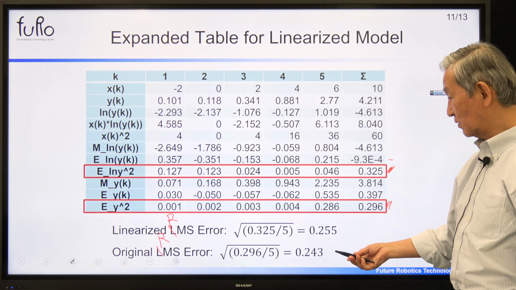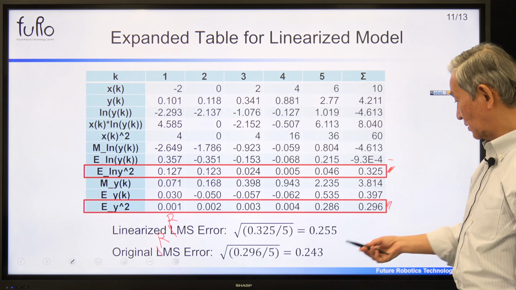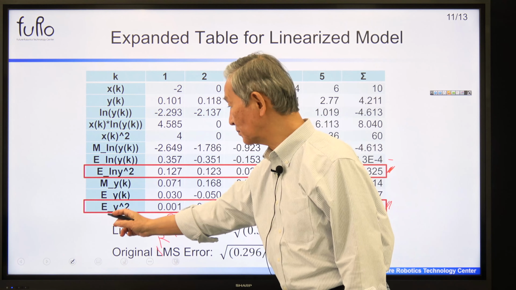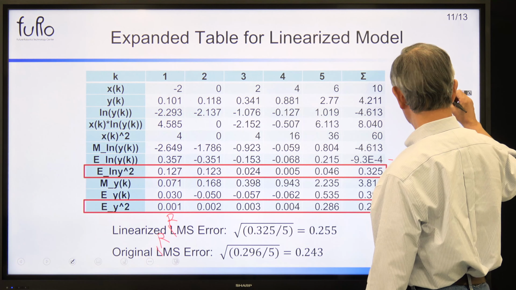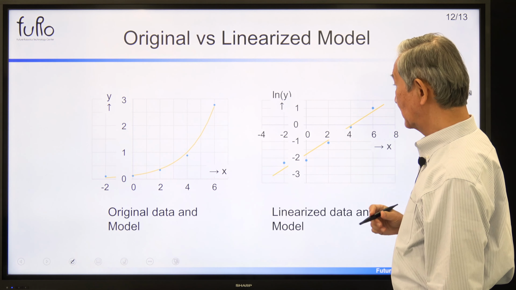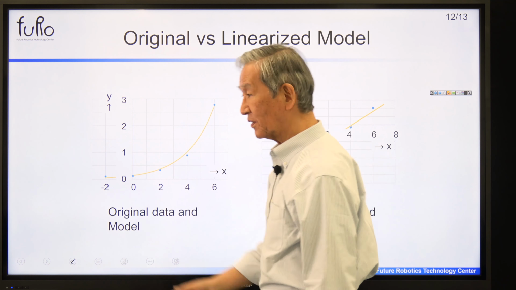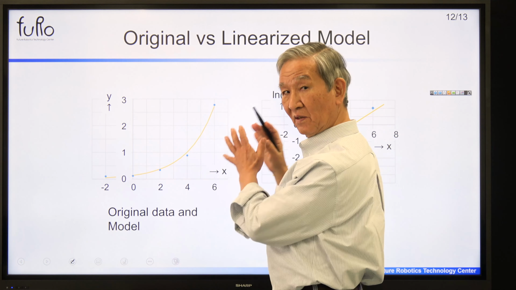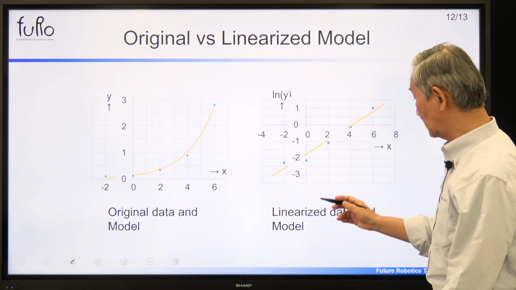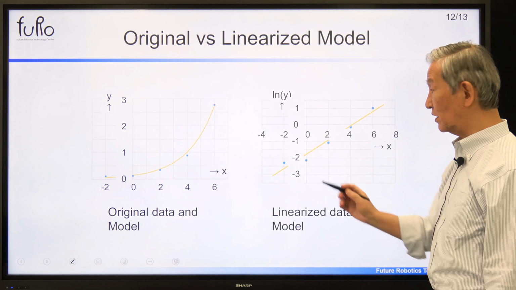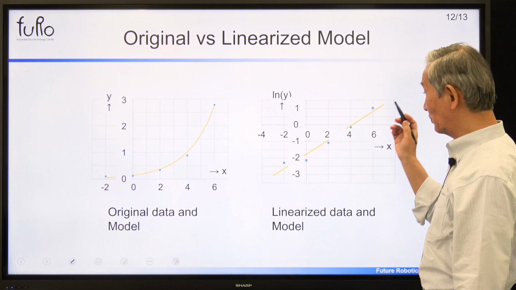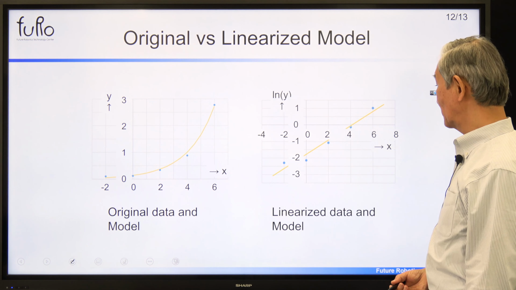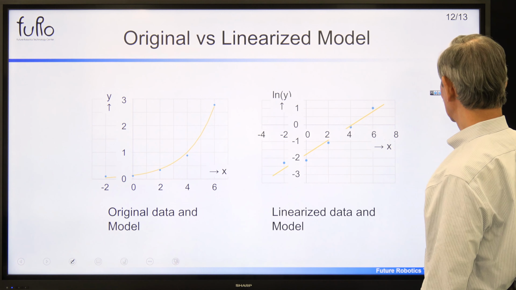And the original one here is 0.23. So this is the plot of the function in the original data field, and this one here is the linearized data and linearized model. Both of them look very good, right? So that's what we got.